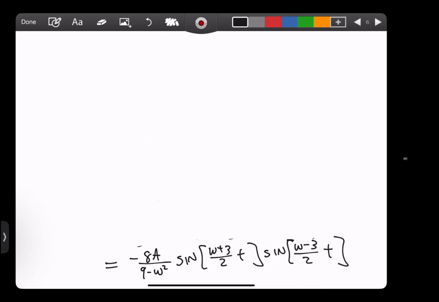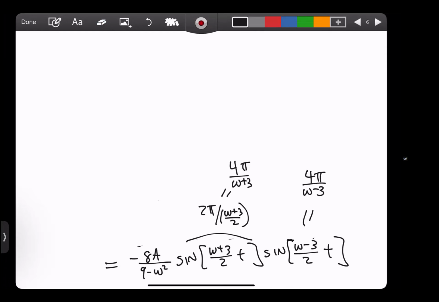So we've got these two sines, and this one has period 2 pi over omega plus 3 over 2, which if you think about it is 4 pi over omega plus 3. And then in a similar way, this one over here is going to be 4 pi over omega minus 3 as its period.